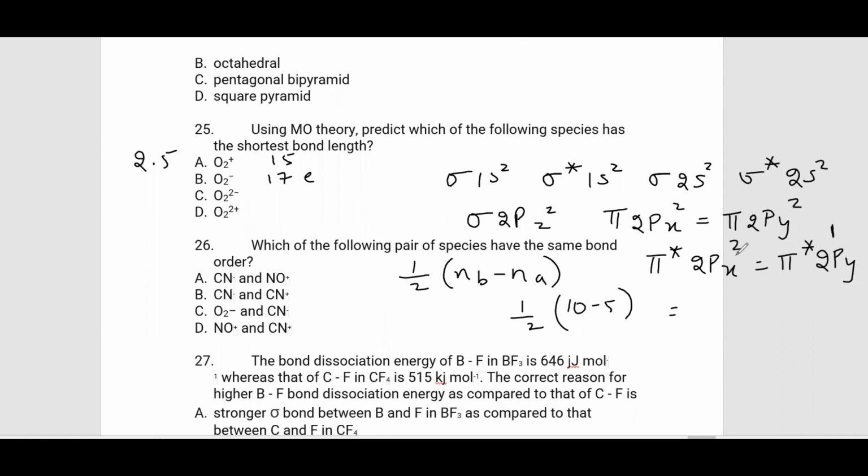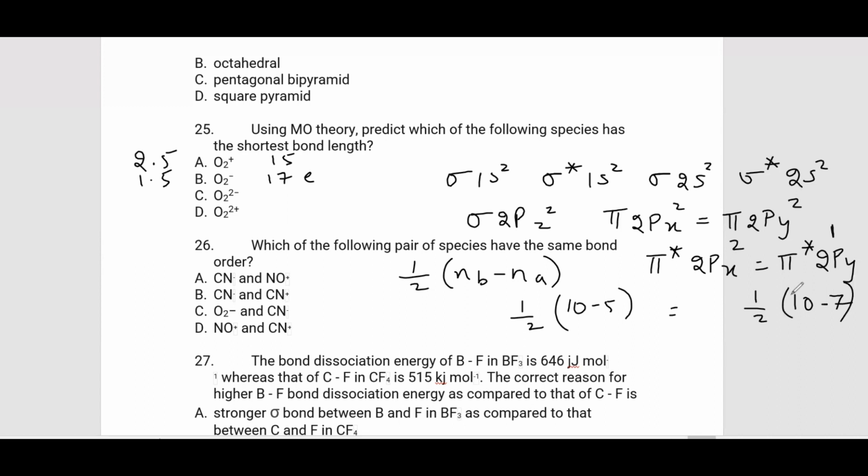For O2 minus, half into number of bonding electrons 10, and number of anti-bonding electrons are 7. Let us check. Here 2 makes it 4, 5, 6, and so it is 7, and this will be 1.5. So the bond order for O2 minus is 1.5.